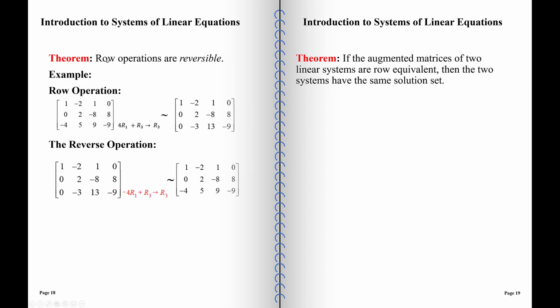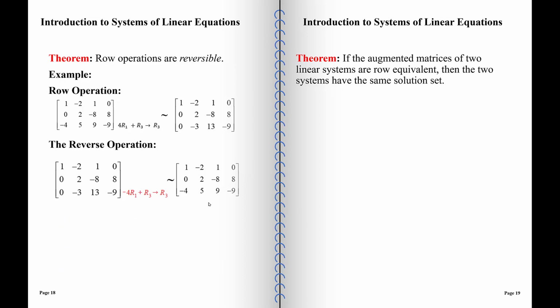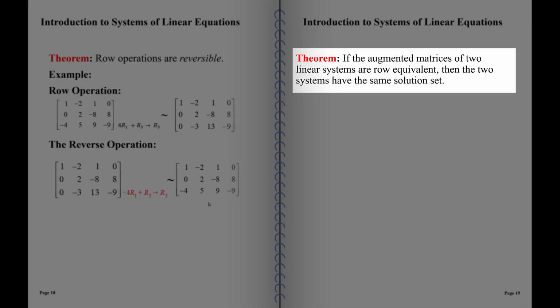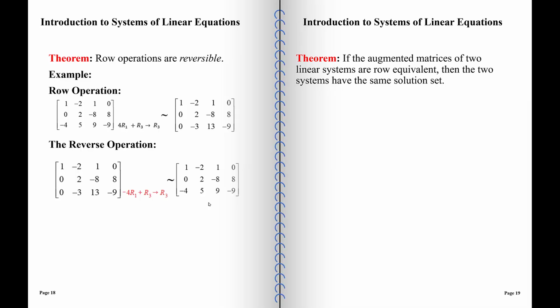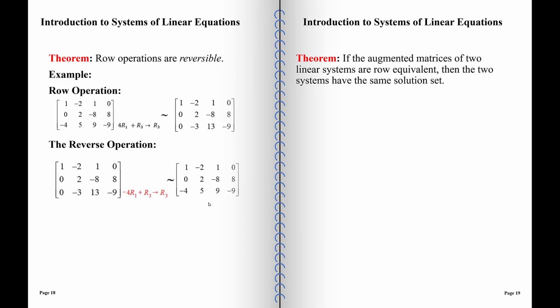It holds for all three of the elementary row operations. So each operation is reversible. So if two augmented matrices are row equivalent, then they have the same solution set. This is really important. Remember, row equivalence means that you would achieve one matrix from the other by doing one of those three things, the three elementary row operations. These are the only three operations that we have.